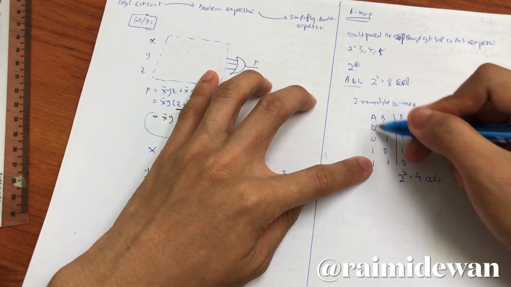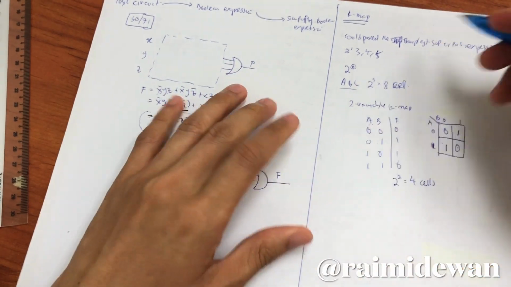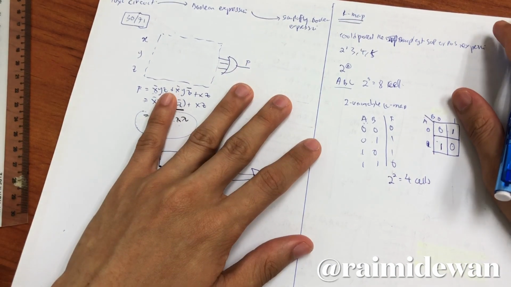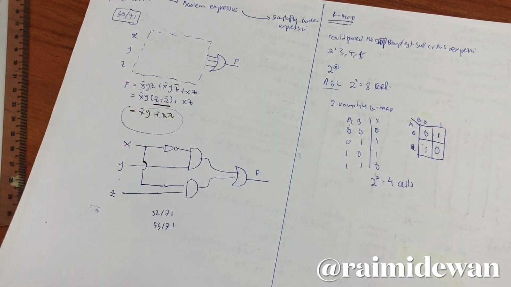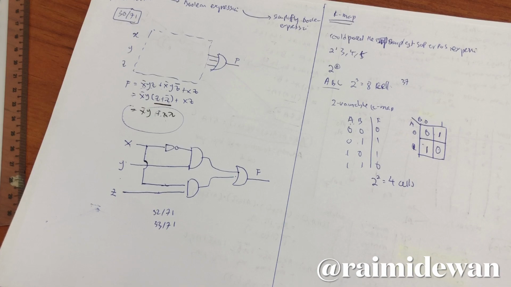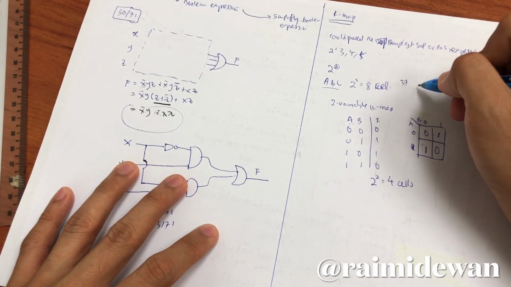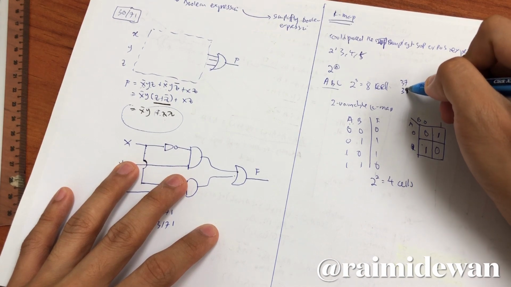And if A and B are both 1, you have 0. So this is one of the ways. You can try the rest on page 37. It's the same thing for the slide on page 38 of the PDF.